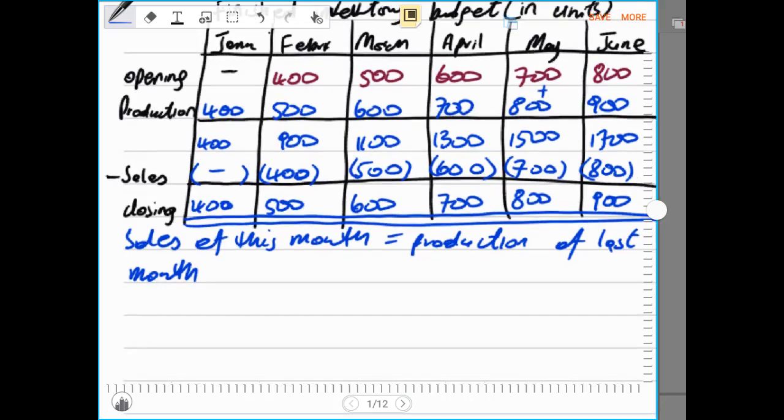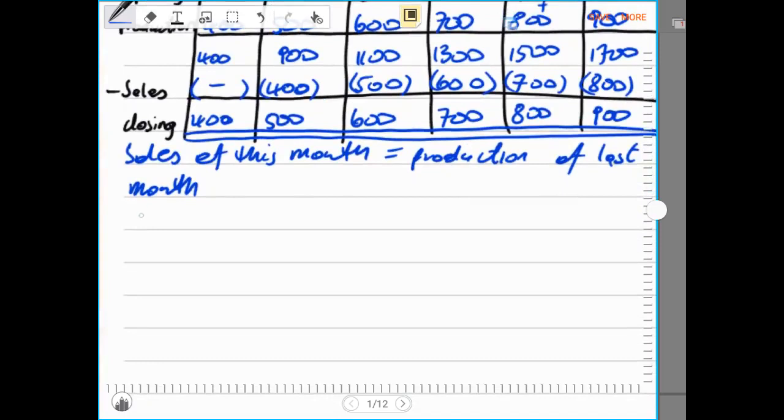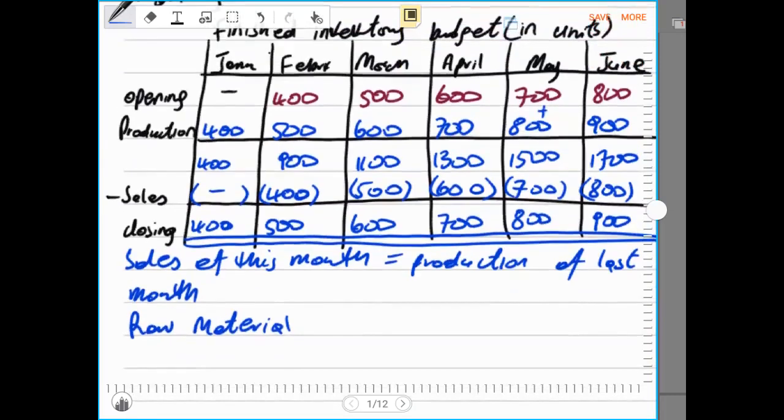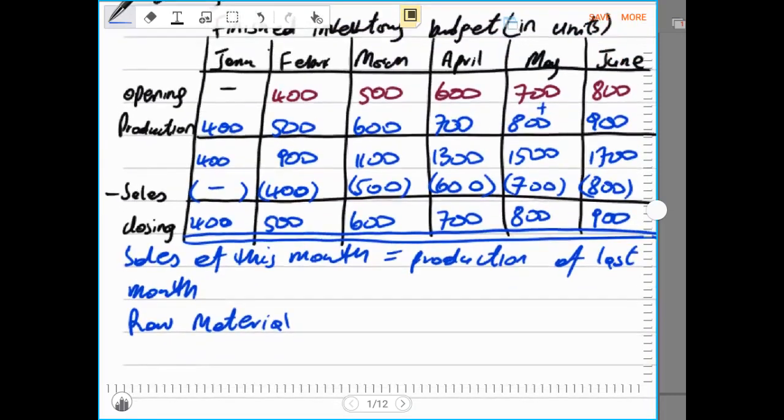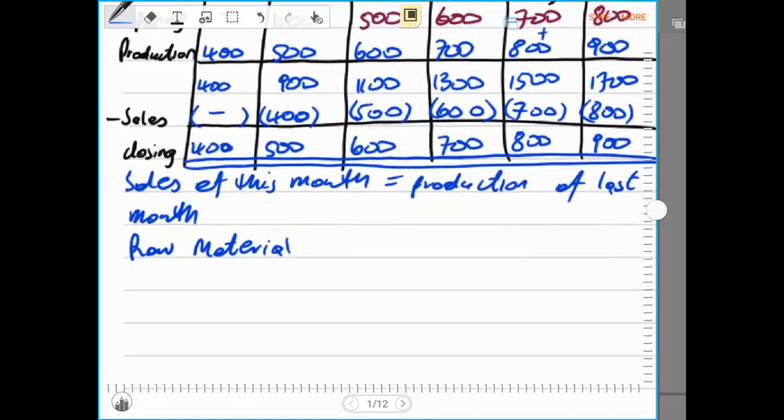The next budget after this will be raw material budget. Remember, the purpose of this budget was for us to know the production, for us to know the sales. That was the very key part for this budget. Raw material budget, and the raw material budget will be in units or in quantities.